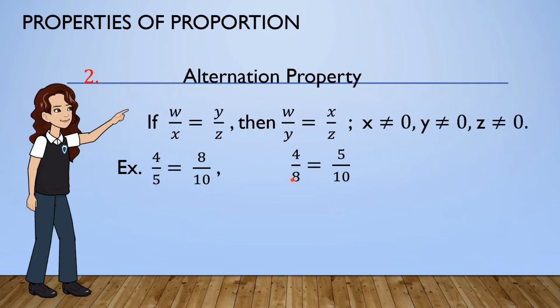So this is 4 over 8 equals, this is 5 and 10, so 5 over 10. When we get the product of the means and extreme, so product of the extreme, 4 times 10, and product of the means is 5 times 8, and they are both 40. So this is correct. That we call alternation property.